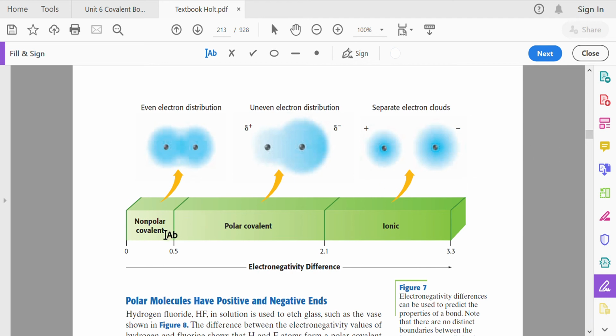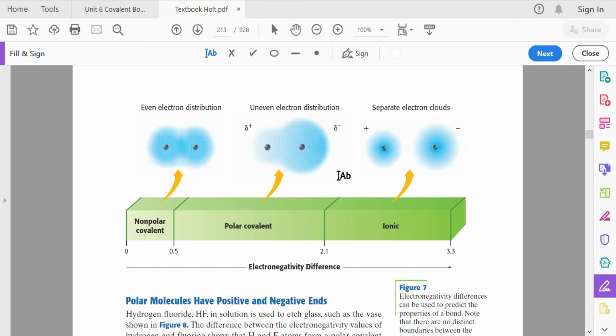Well, nonpolar covalent bonds means that there's no electrical difference or charge difference within the molecule. A polar covalent bond does have a charge distribution that tends to have one side of the molecule have a positive charge and the other side of the molecule have a negative charge. What that creates is like a little mini magnet.